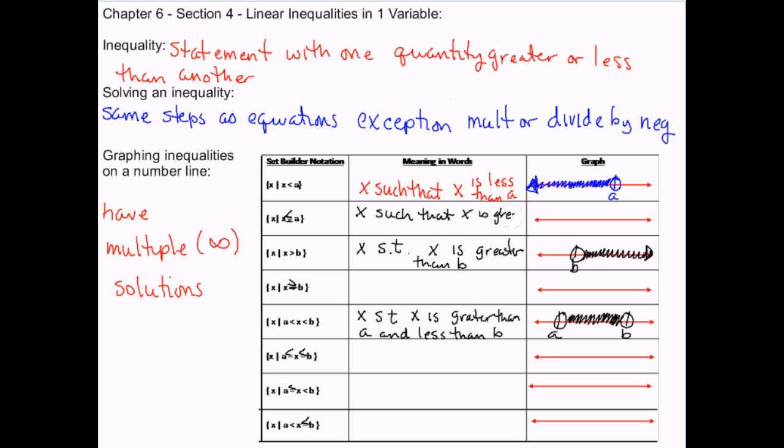Less than, less than, less than. This is less than or equal to. So this symbol, the difference between a less than and a less than or equal to: open circle, closed circle. Do you guys remember that? Okay. Sorry about that.